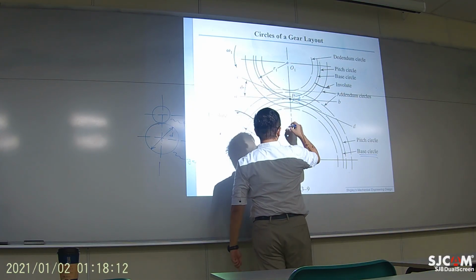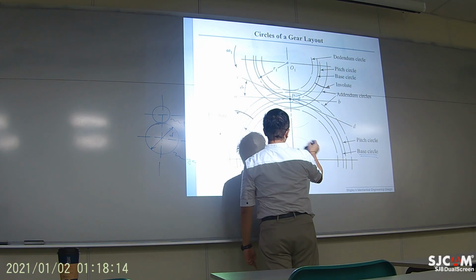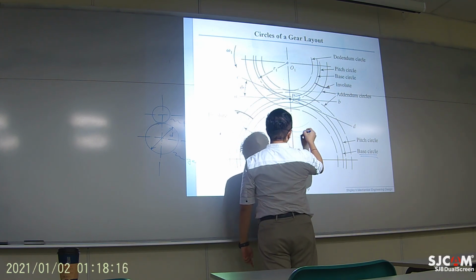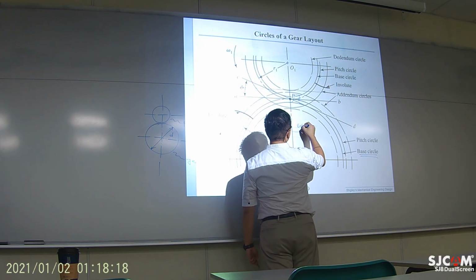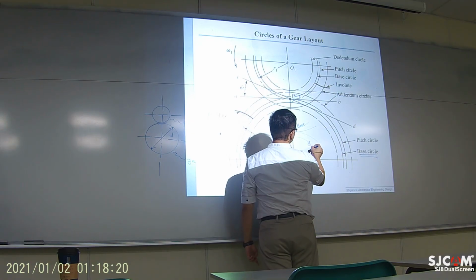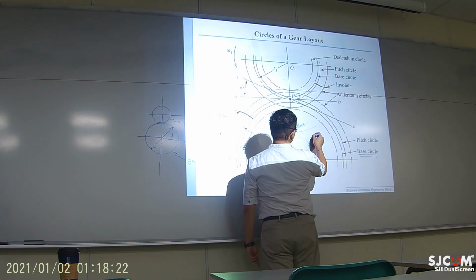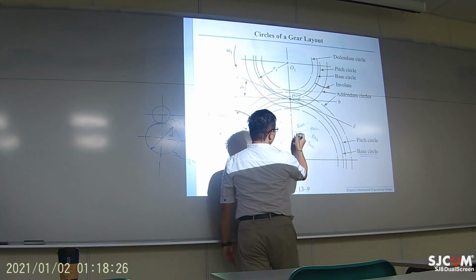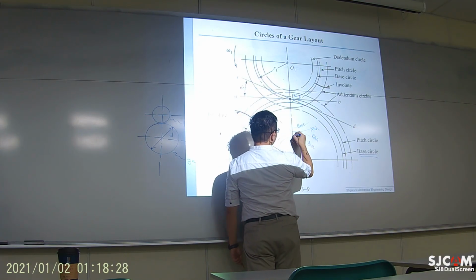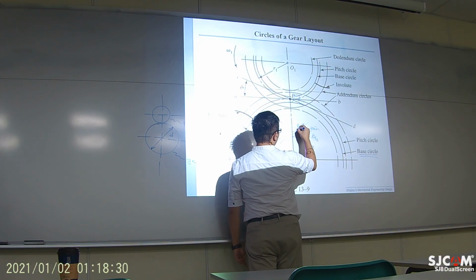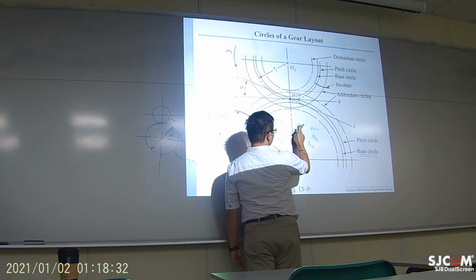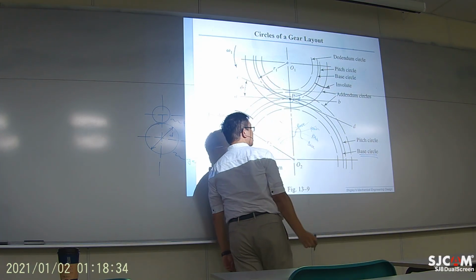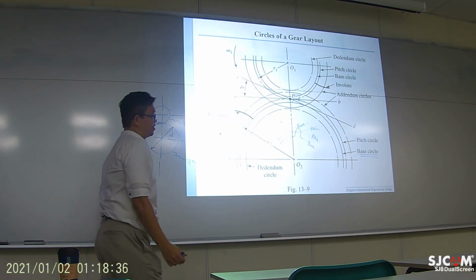Okay, so this is the base circle, and this is your pitch circle, right? So you're supposed to have the tooth profile like this, but it cannot be too tall, otherwise you will hit the base on the other side.